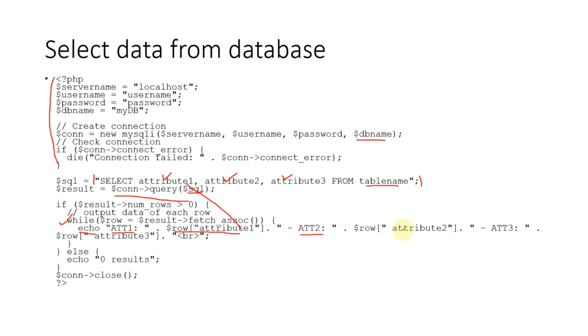It can be the name of the second attribute, and here this attribute 2 would be the second attribute in the row according to our SQL query, and similarly attribute 3 is here and it can be selected from the row, and all these are performed with the help of the while loop. This BR is used to give a new line to each row. Once we display all, after that we must also close the connection.